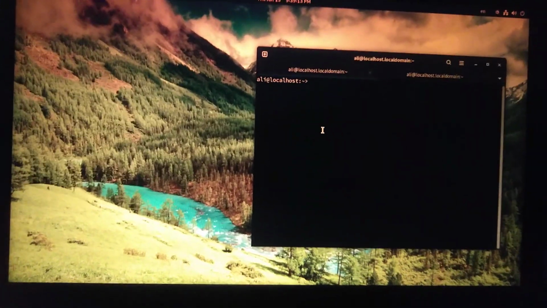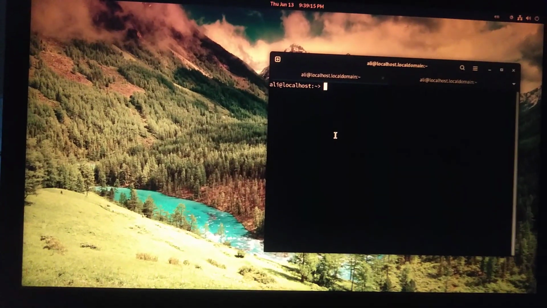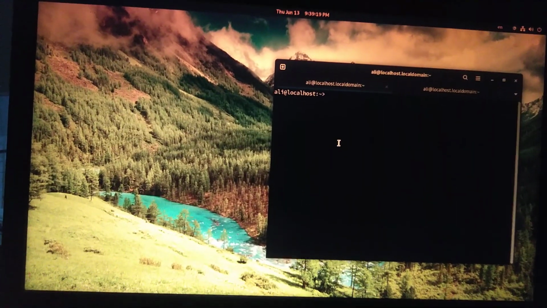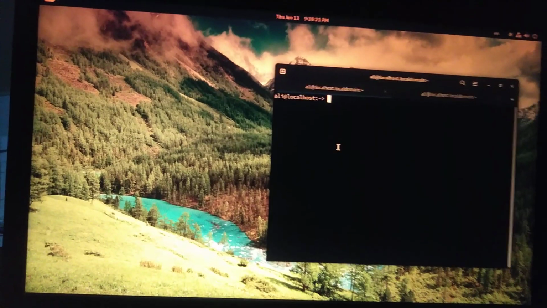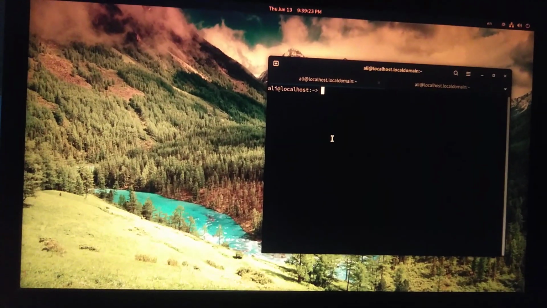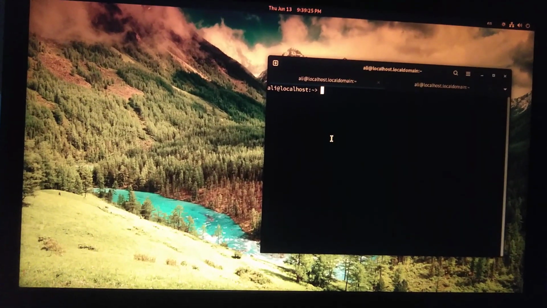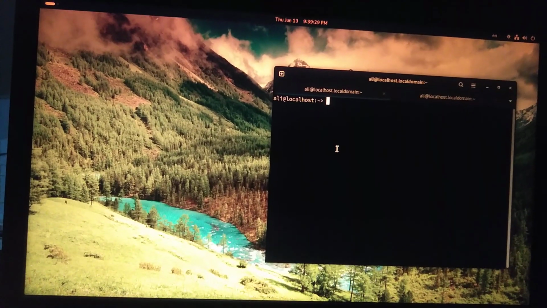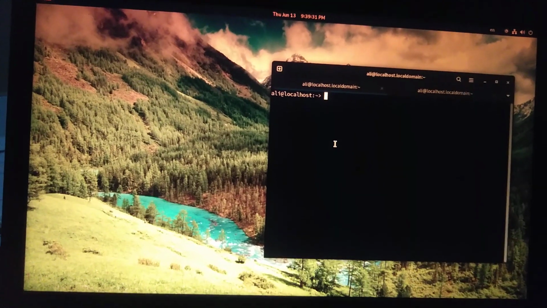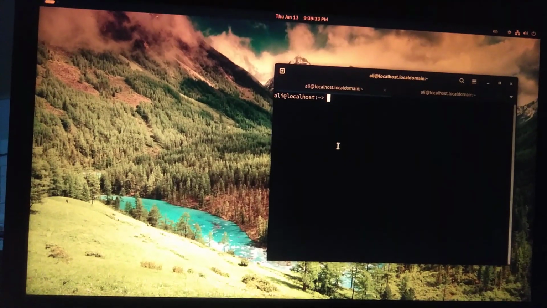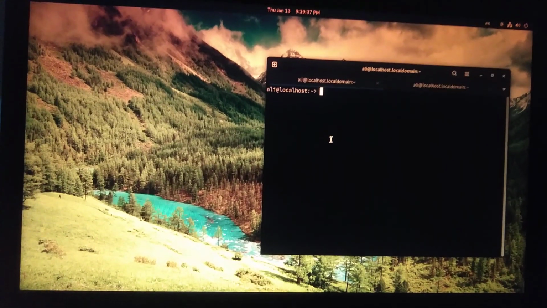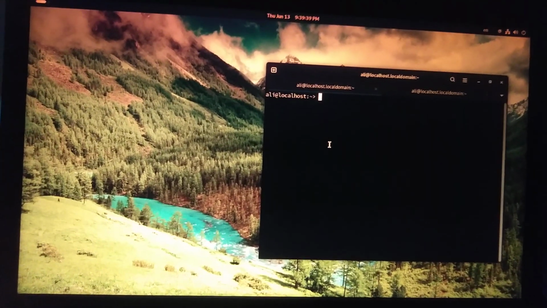Hibernation, as I said, is very similar to sleep, but with one difference: the applications are stored to the hard drive rather than the RAM, and the power isn't gonna keep running anyway. The computer will be totally turned off, unlike the suspending or sleeping state.